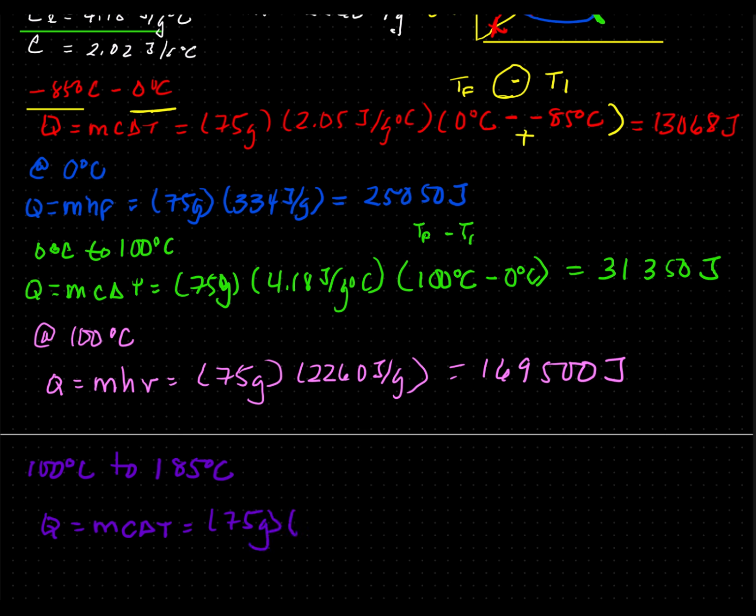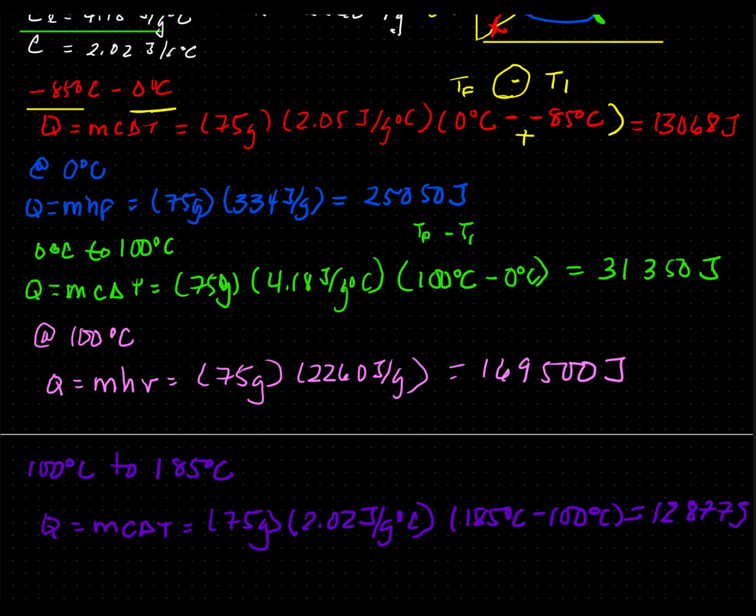Now we are using the specific heat of the gas, which is 2.02 joules per gram degrees Celsius. My final temperature is 185 degrees Celsius minus 100 degrees Celsius. Do the parentheses first. That's 85 because it's 185 minus 100. And multiply the rest. You should get 12,877 joules.